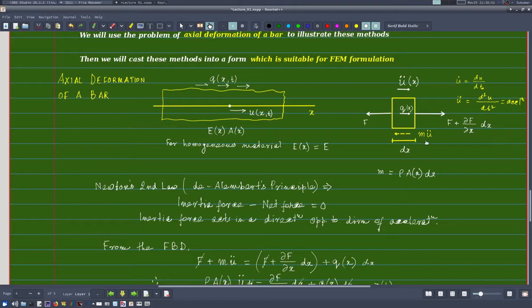As per Newton's second law, this inertia force will oppose the net force acting on the system. Therefore, if the acceleration under the net force is towards the right, this inertia force will act towards the left at any instant. So I am showing this inertia force towards the left.